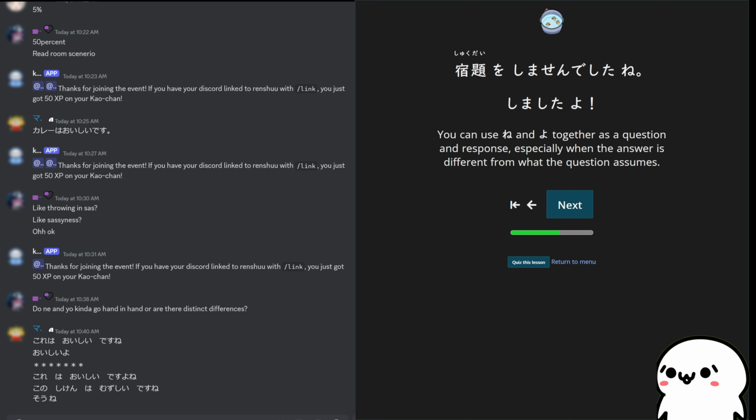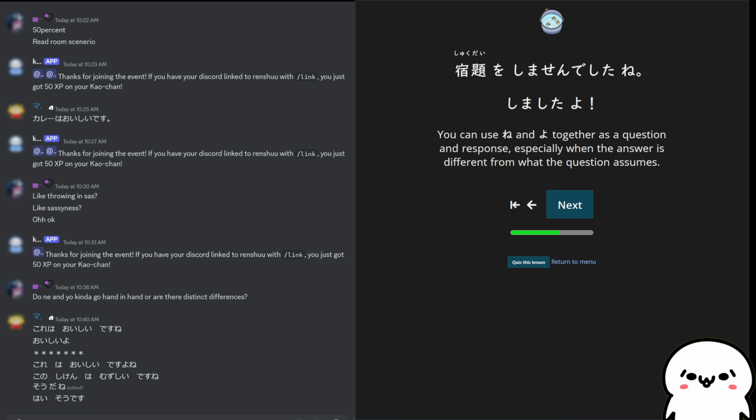Someone says, この試験は難しいですね. This test is hard, right? As you might remember back when we learned basic questions and answers, and you've probably seen this in your book, one of the basic ways of answering something is はい、そうです. Yes, that is. So is kind of a replacement for the sentence before. Yes, that's true. And the casual form of des is da.